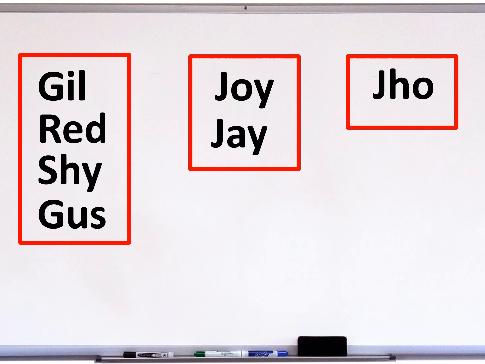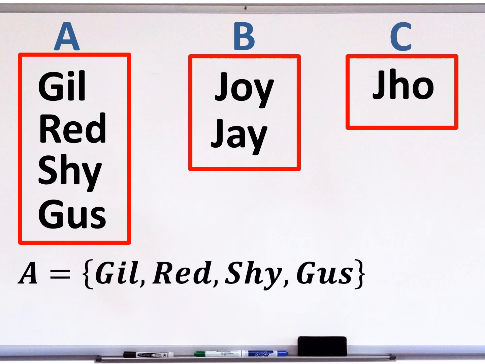or write this one into specific or smaller versions of the universal set. And so the first set will be known as A, the second is B, and the third is C. Therefore, if you're going to write set A in roster notation, it will be represented by Hill, Red, Shy, and Gus, separated by commas and enclosed by braces, while for set B, it can be written as Joy and Jay, separated by a comma and enclosed by braces.